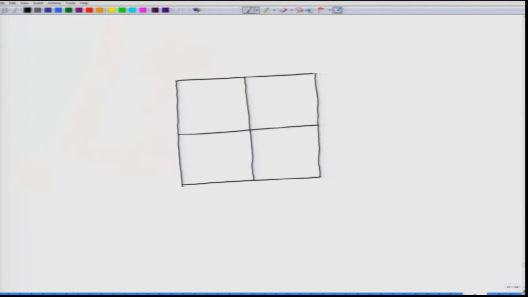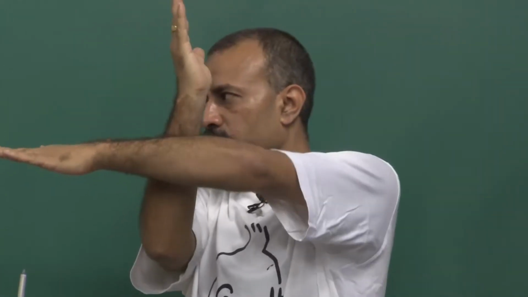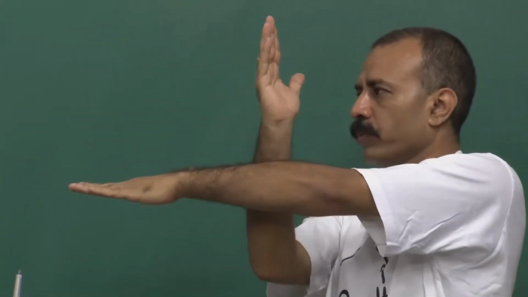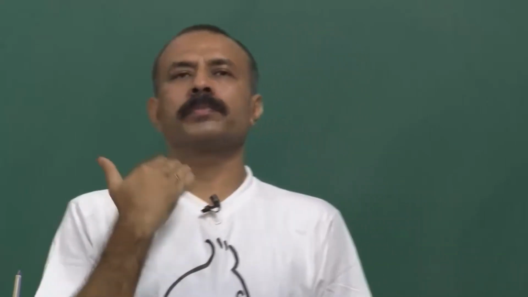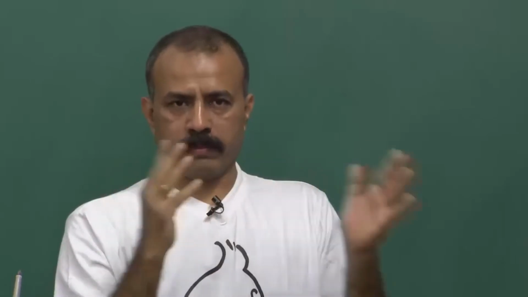Now, again, look at me. This is what I was trying to tell you. You have 4 boxes. From one box, you made 4 boxes. Now, you face the box, right hand, left hand. Based on that, you give them a right side and a left side. Of course, you are facing the box.